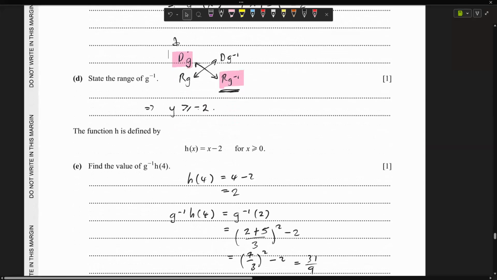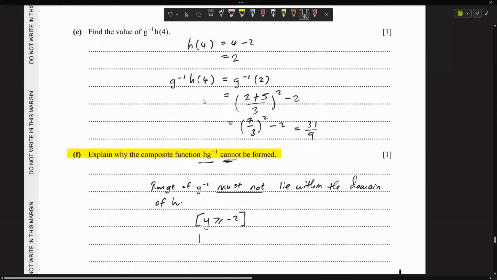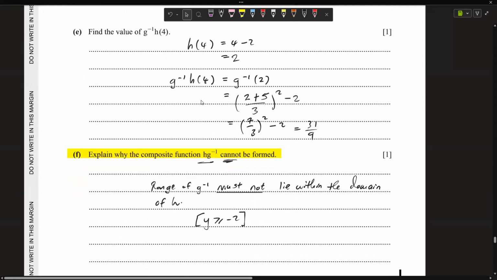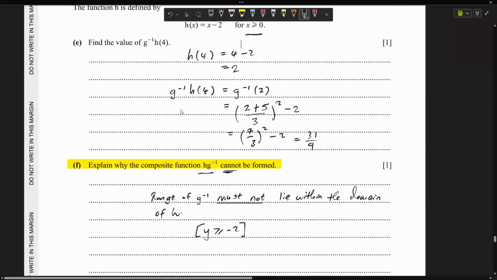Does it lie within the domain of h? The domain of h is values of x that are greater than or equal to 0.